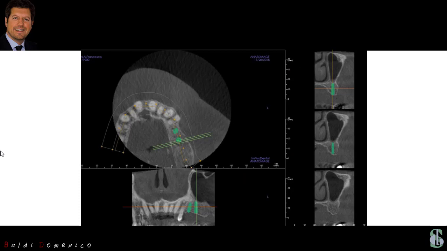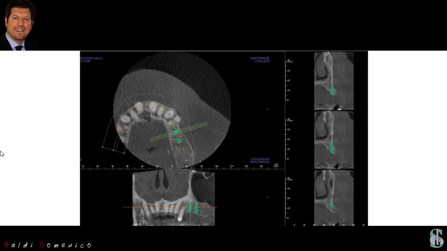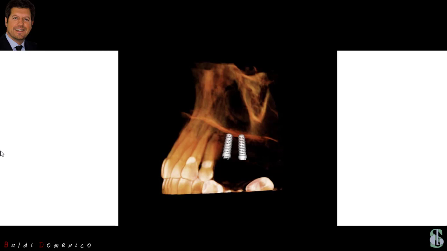So we can see that if we want to place two implants in this maxilla, it could be useful to compact our bone in order to have a better condensing of the bone and also a better stability of the bone. In fact, if we make our planning on this virtual three-dimensional reconstruction, we can understand how it is a good thing to have osseodensification.